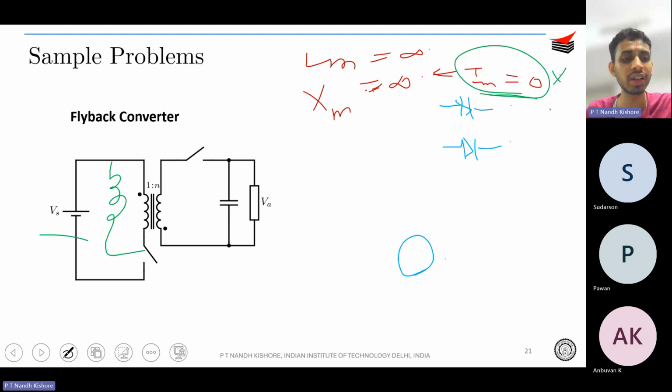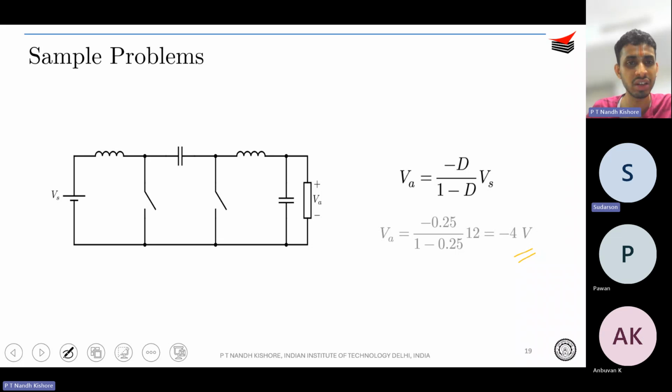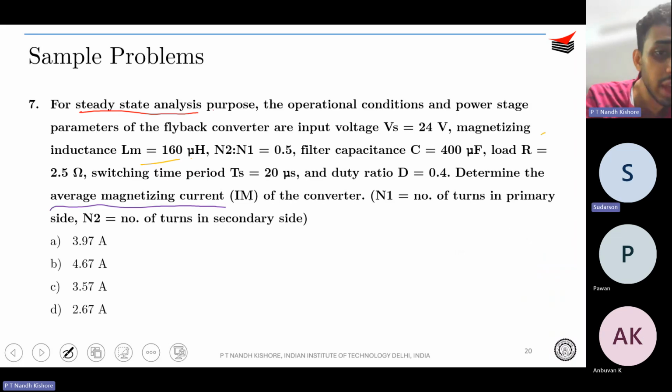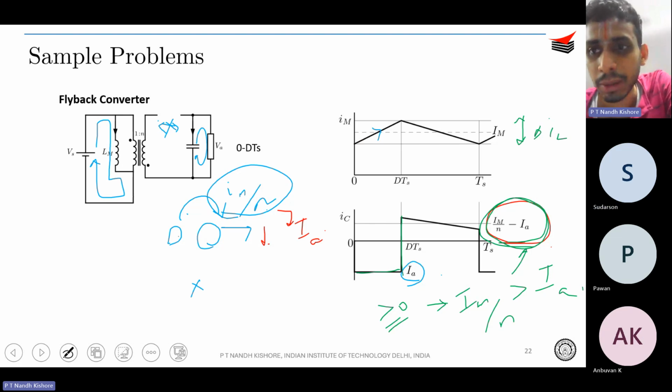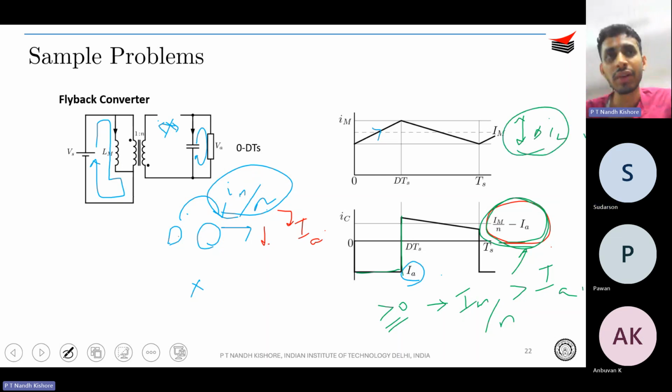For example, the inductance was given in the question as 160 microhenry. Depending on the ripple, similar to how you design buck or boost converters, you will know the value of ripple. They will design for the ripple they want. Therefore, I will add a shunt inductor, or the transformer inductance itself should be such that your LM is going to be 160 microhenries.